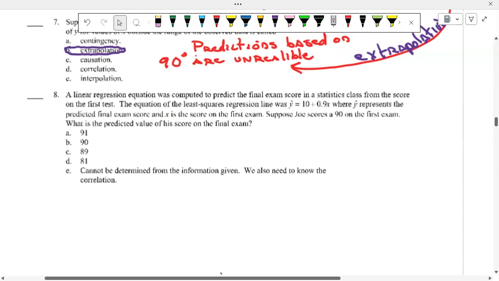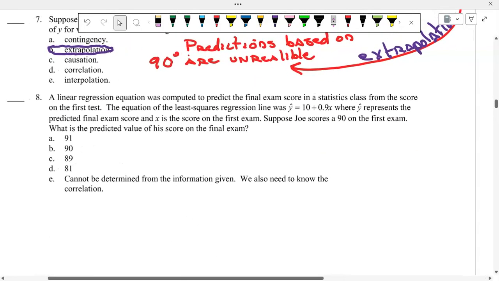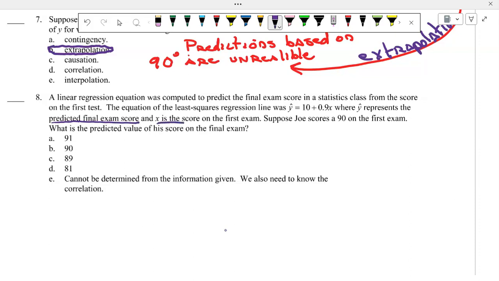Okay, a linear regression equation was computed to predict the final exam score in a statistics class from the score on the first test. The equation for the least squares regression line was y predicted, so that is the predicted exam score, and x is the score on the first exam.